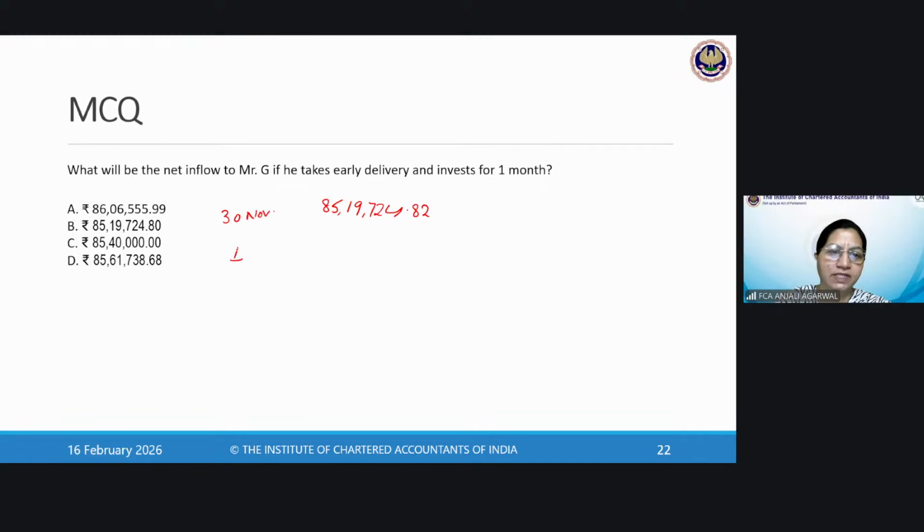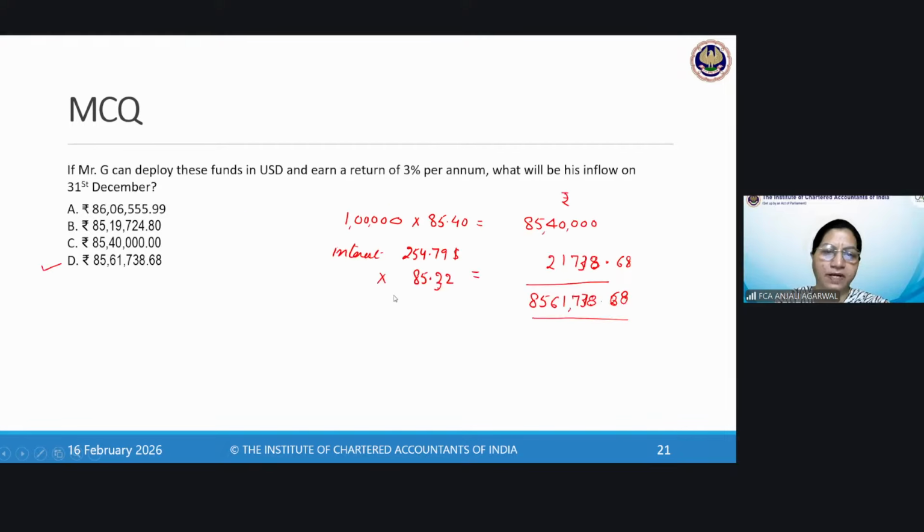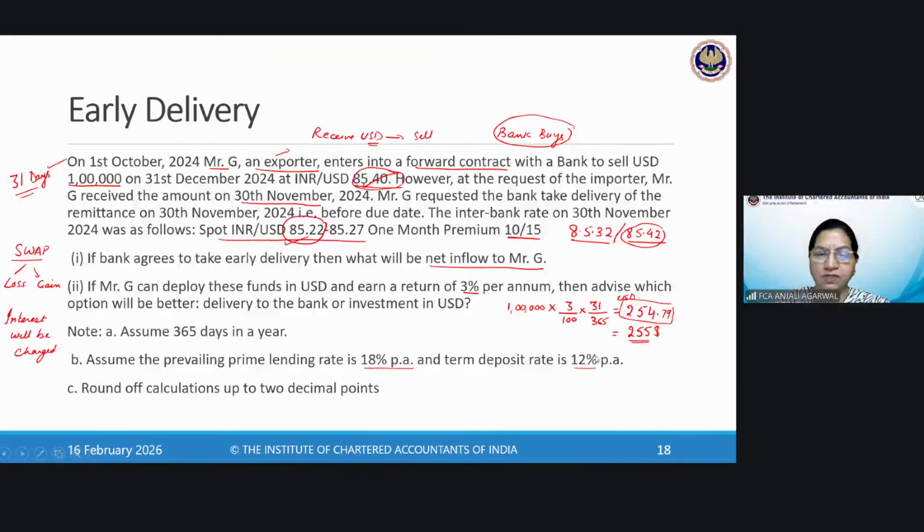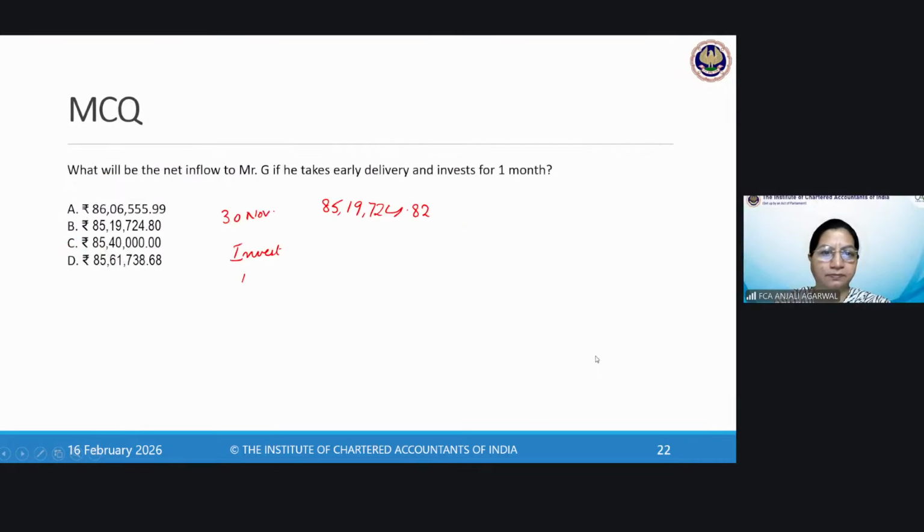This he can invest in India at lending rate, which is 12% per annum, for 31 days.